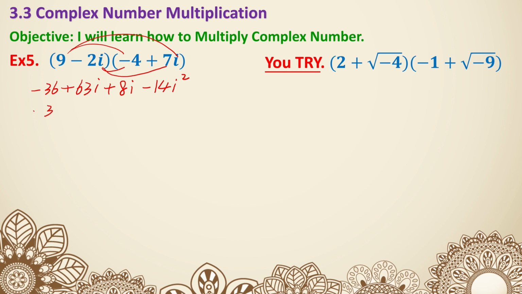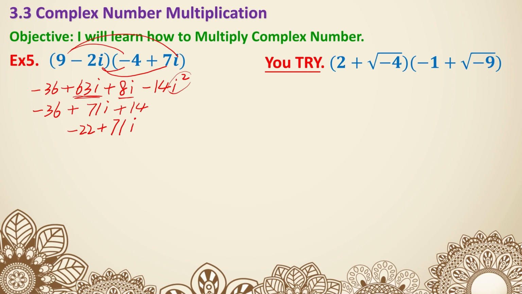So I'm going to keep everything else, -36 plus 63i, and then 8i makes 71i. -14 times i squared is -1, so that becomes plus 14. Let's combine. -36 and 14 is -22 plus 71i. And that is already in standard form.